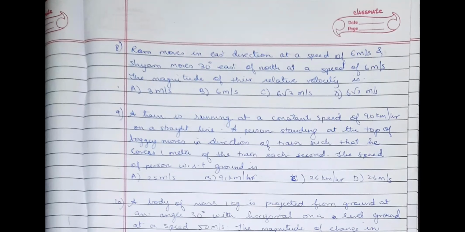East of north means slightly towards the east direction with reference to the north. Again at a speed of 6 meters per second. Find the magnitude of their relative velocity, or basically the resultant velocity.